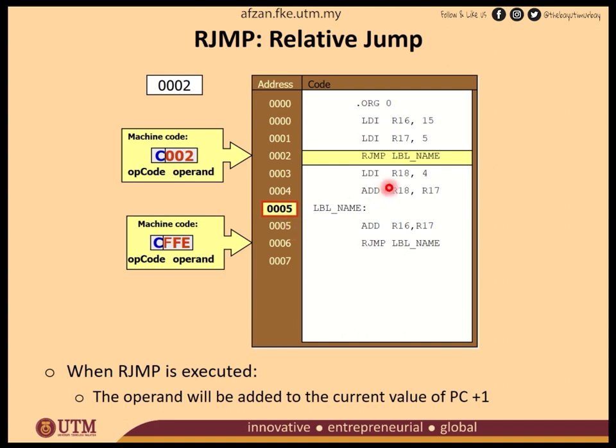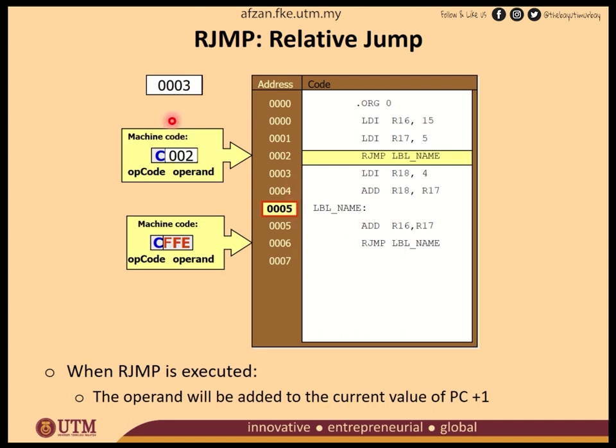0005. So what happened here? Instead of taking 0005, supposed to be 005, previously we took the program counter directly to 005, but now for the RJMP, starting from here, which is 002, to go to 005, you need to add 1, 2, 3 addresses.